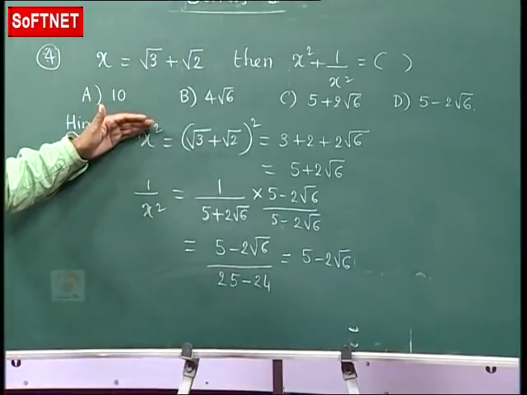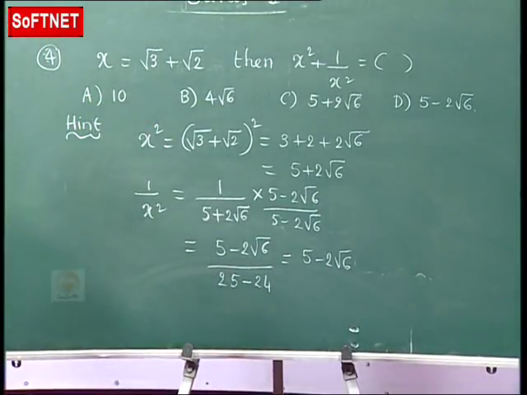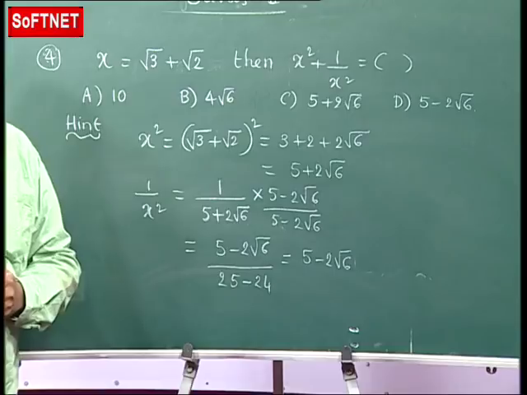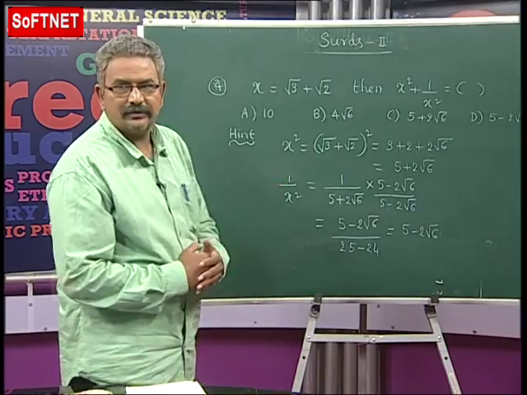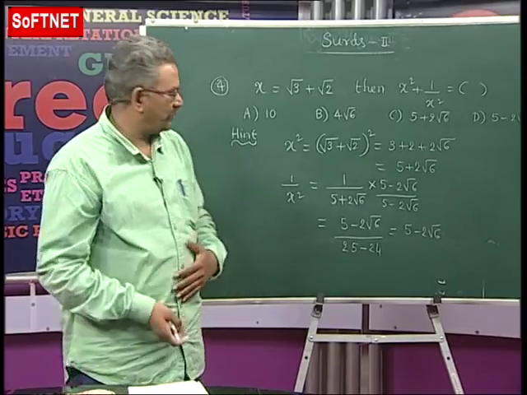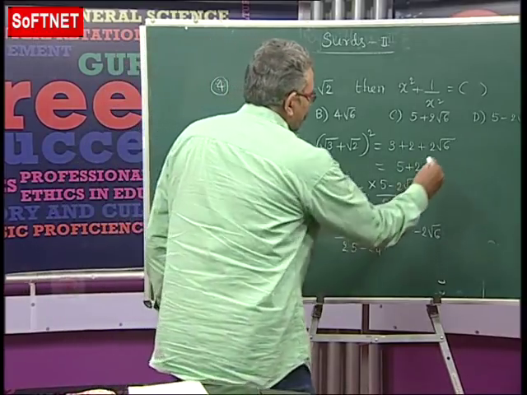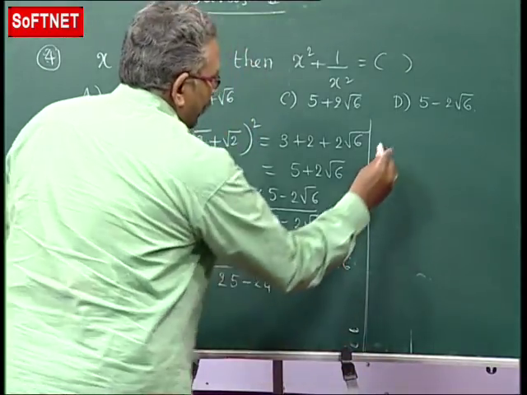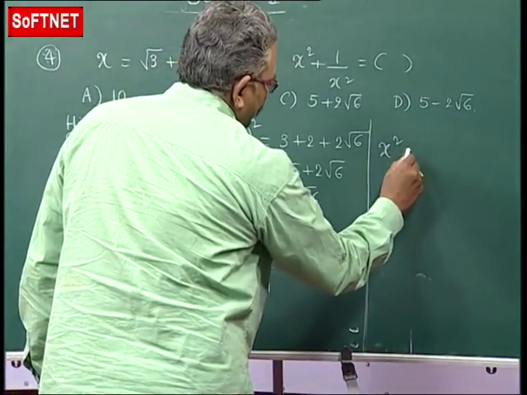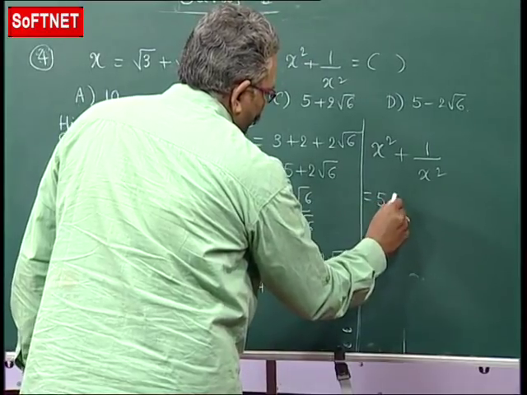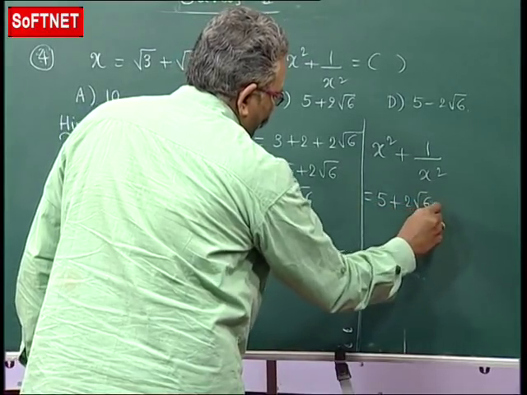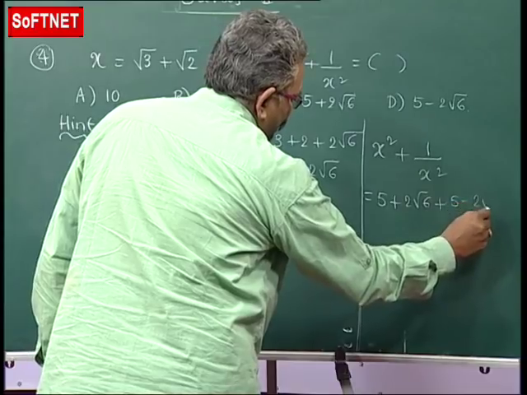This is x square, this is 1 by x square. What we have to find out? x square plus 1 by x square. So that means we have to add these two values. So now x square plus 1 by x square is 5 plus 2 root 6 plus 5 minus 2 root 6.